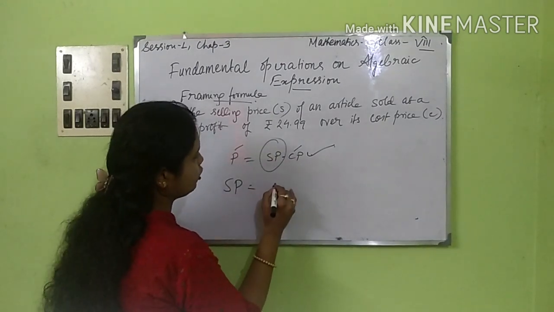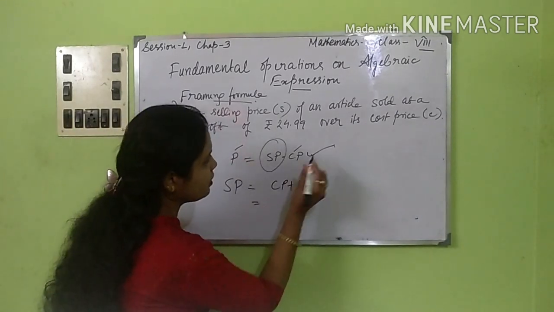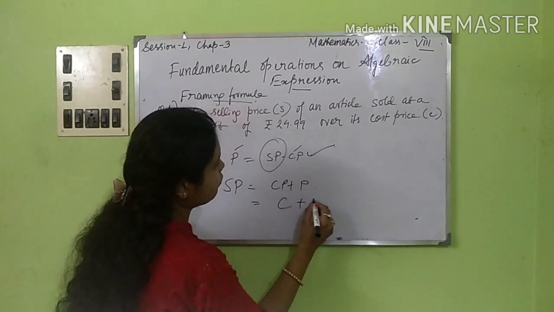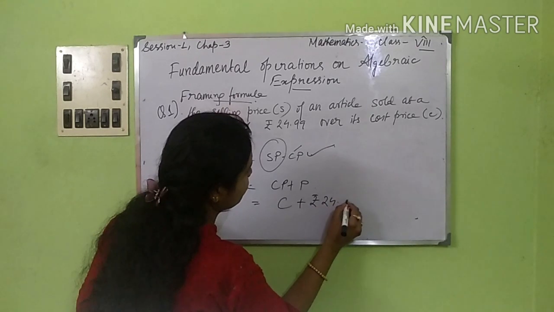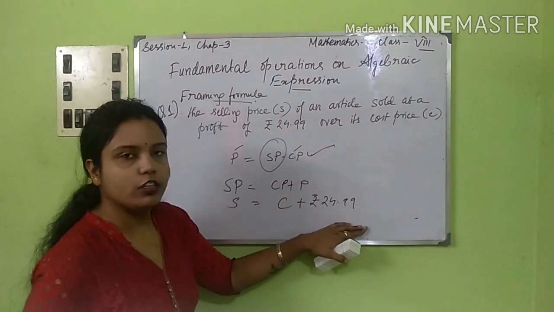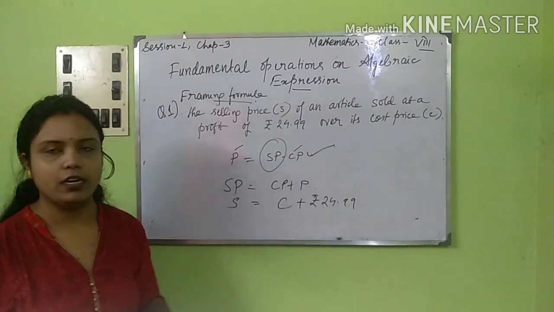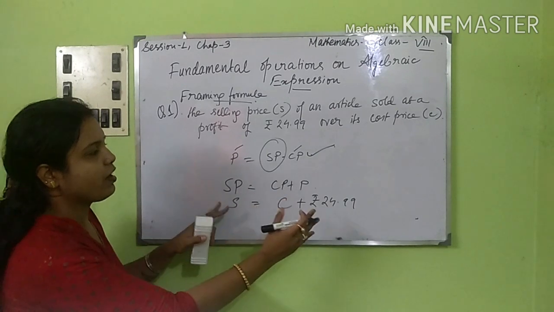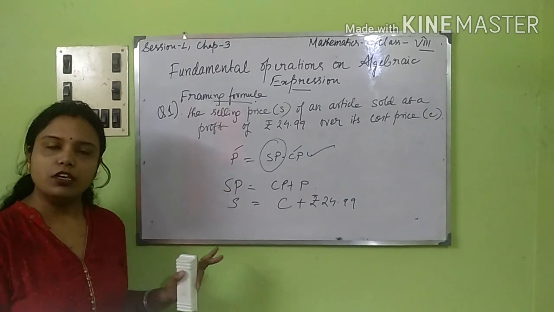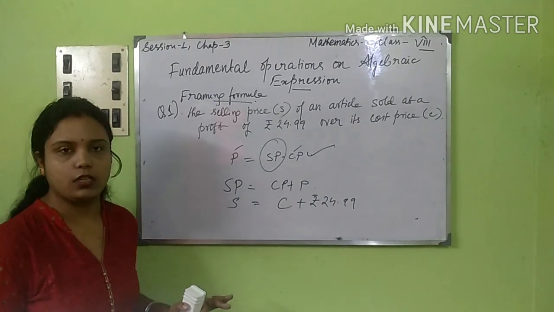So SP is equal to CP plus profit. Now what is CP here? It has been said C, and profit here is given rupees 24.99. SP is S. So what is the formula for this particular question? S is equal to C plus 24.99. So this is the framing of the formula. Okay, it's very simple. Go according to the question it is given, nothing more than that.